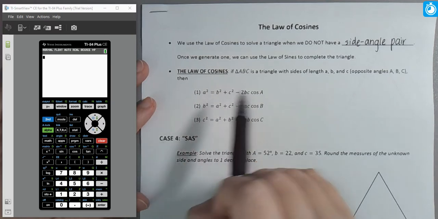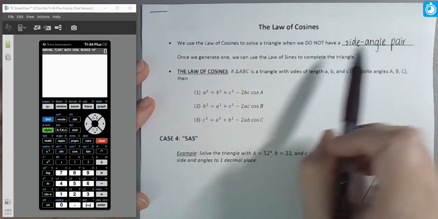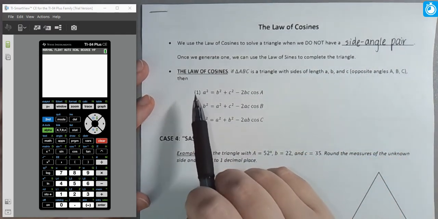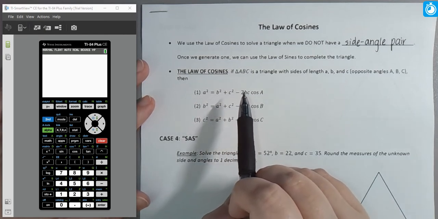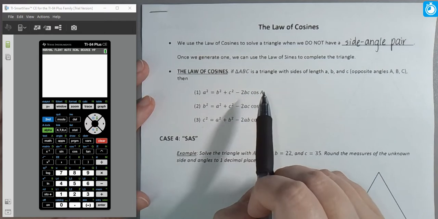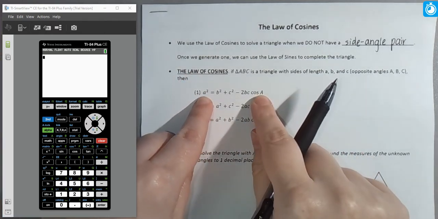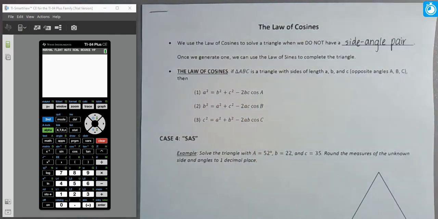That side angle pair that we relate in each form is going to be what allows us to solve for the side angle pair that we need to use the law of sines. So the first form: a squared is equal to b squared plus c squared minus 2 times b times c times the cosine of angle A. Notice side A and angle A are on the ends, and inside we're using sides B and C.